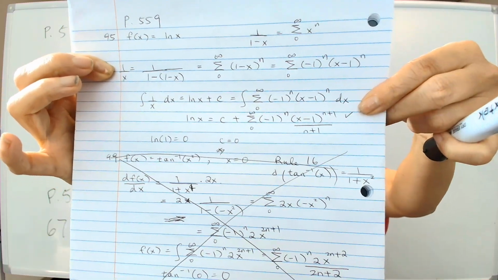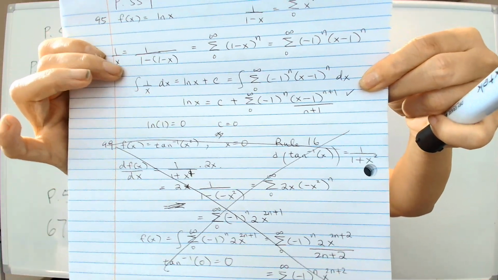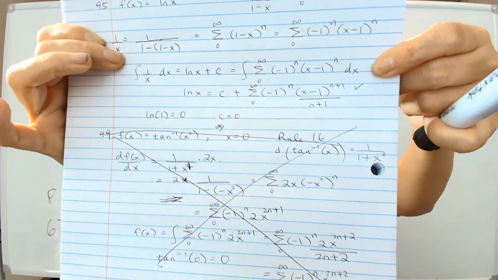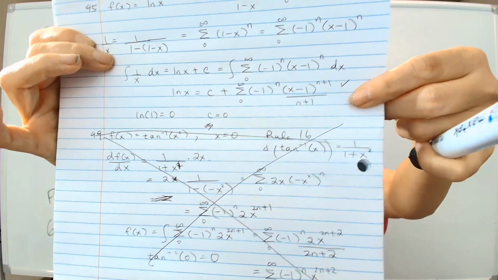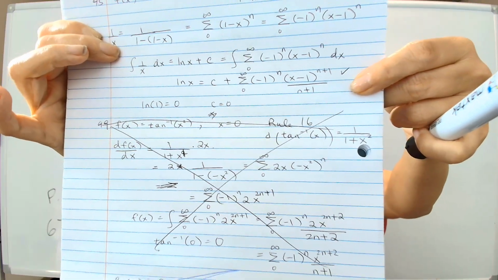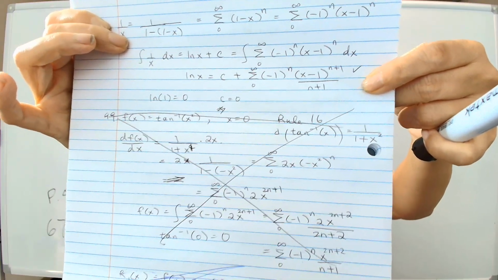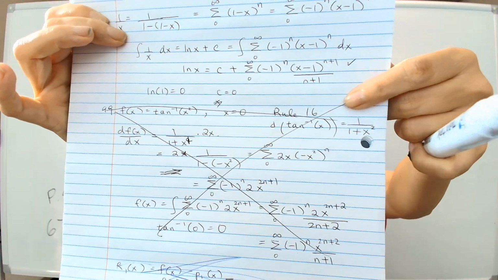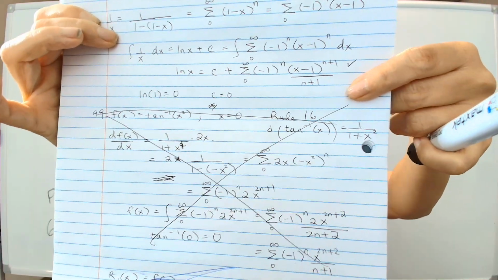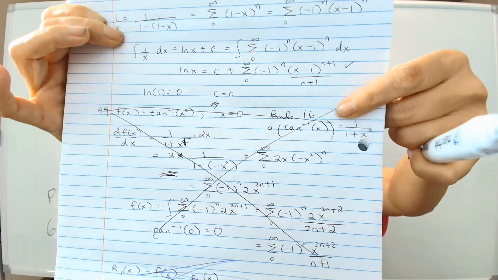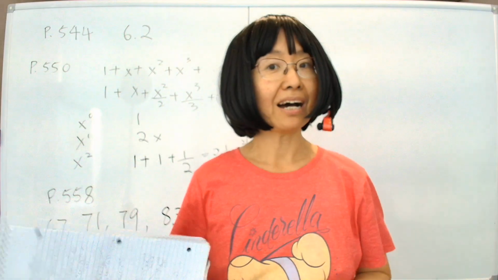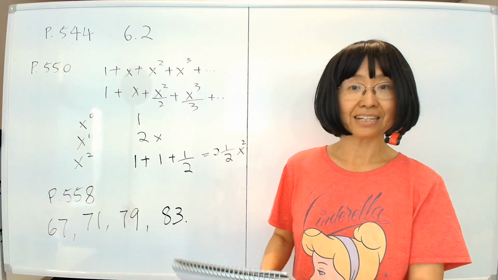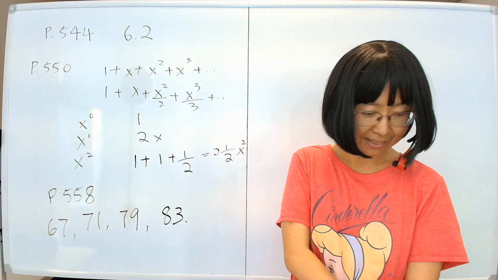So we'll integrate 1 over x, which gives the natural log, and we integrate the entire series term by term, which becomes x minus 1 to the power n plus 1, divided by n plus 1, by the power rule of integration, and so on. Then we establish that the constant is just 0 in this case, and therefore that is the answer, representing the natural log as a power series. And that's the end of the problem.